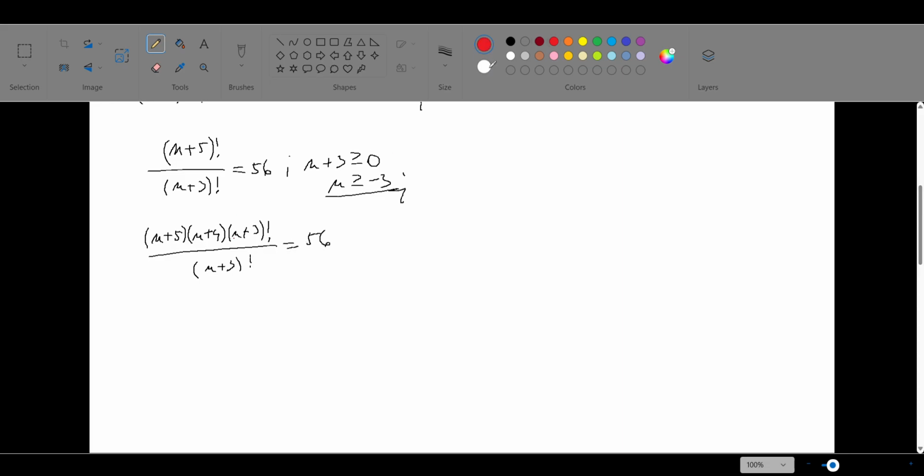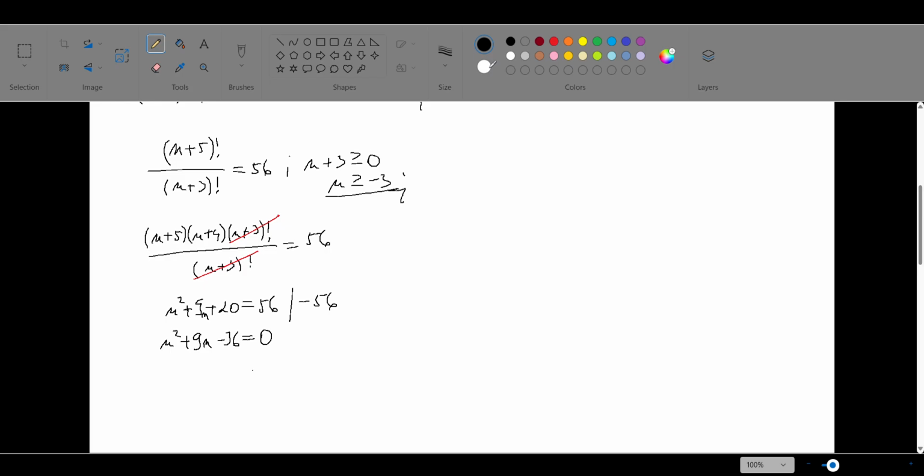Here you can cancel (n plus 3) factorials from numerator and denominator, and you will come to the quadratic equation n squared plus 9n plus 20 is equal to 56. Take away 56 from both sides of the equation, so n squared plus, I'm sorry, here must be 9n, 9 times n, take away 36 is equal to 0.